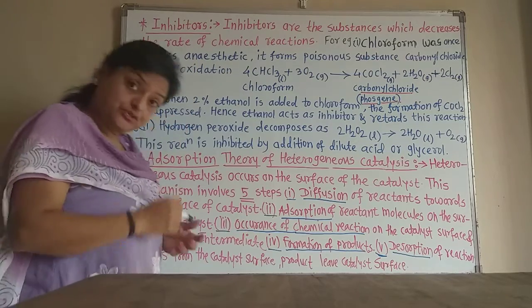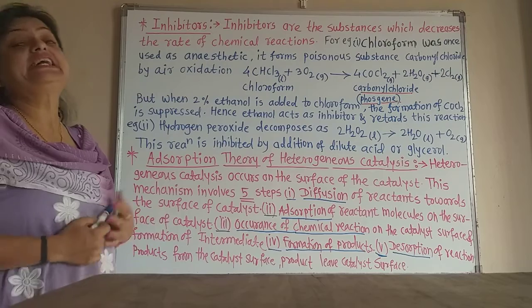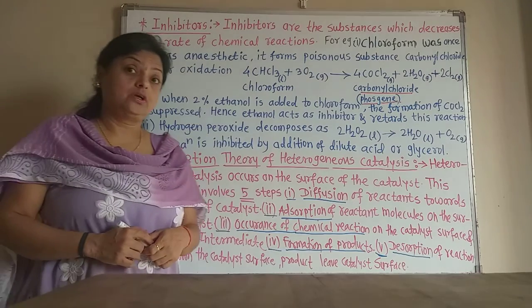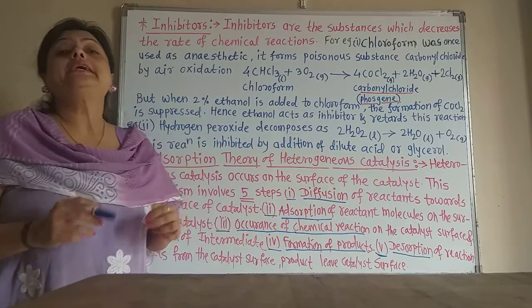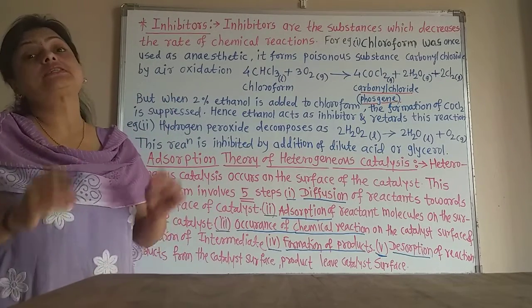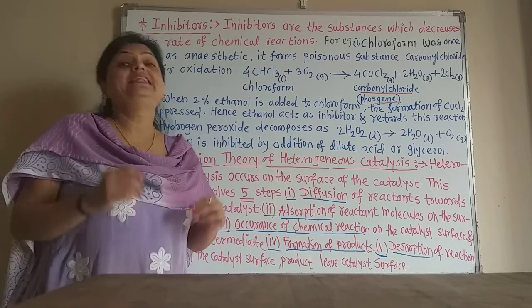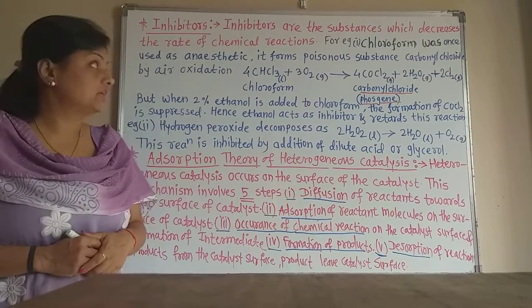Inhibitors are the substances which decrease the rate of the chemical reaction. The rate of the chemical reaction decreases due to these chemical substances, and they are called inhibitors.